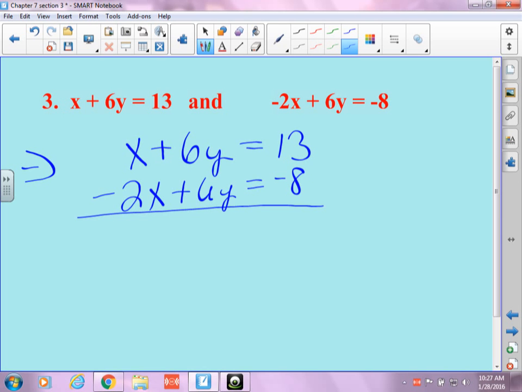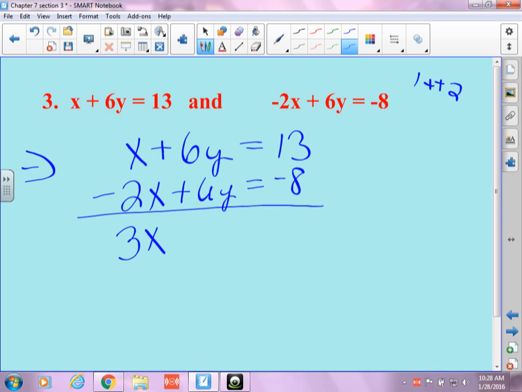x minus a negative 2x is 3x. Yep, because you got that double negative. Now, some kids struggle with that. And if you do, if you want to go off to the side and just write 1 minus a negative 2, like this, just to kind of visualize with it, go ahead and do that.